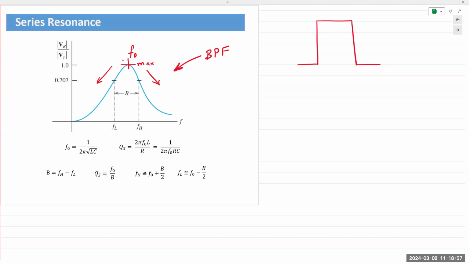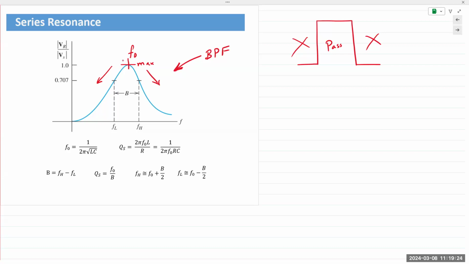So an ideal bandpass filter would simply be like a rectangle which has a pass band in the middle, and everything else would be blocked, right? Everything else outside of the pass band is blocked. That would be an ideal characteristic, just a straight up band of frequencies with a sharp cutoff.